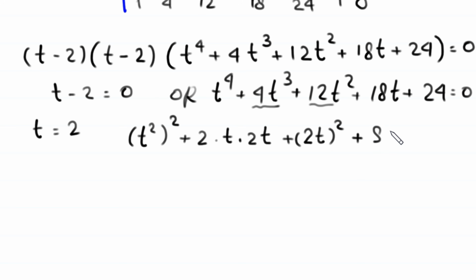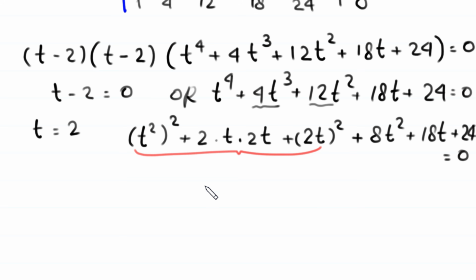Remaining 8t squared plus 18 times t plus 24 equal to 0. Now this expression is a perfect square, so this will become t squared plus 2 times t whole squared.